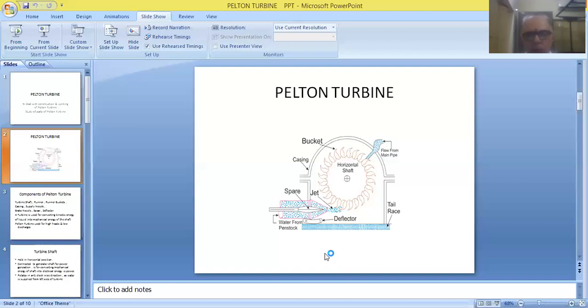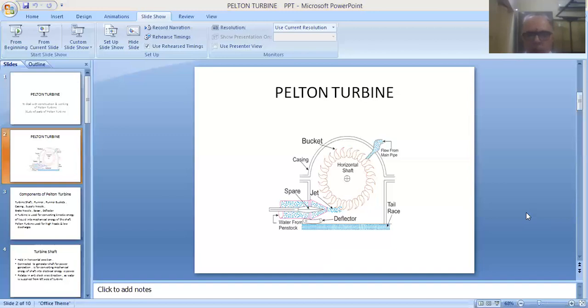And lastly, one more element is fitted to the bottom of the nozzle. That is called a deflector. This deflector will be moving in clockwise and anti-clockwise direction.